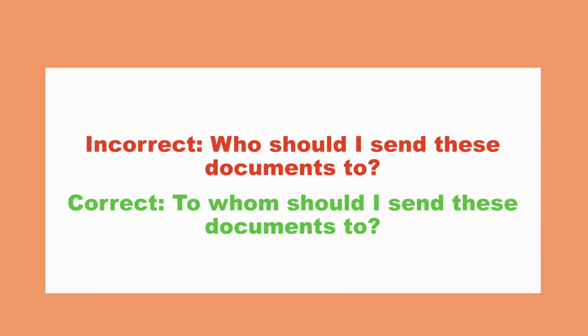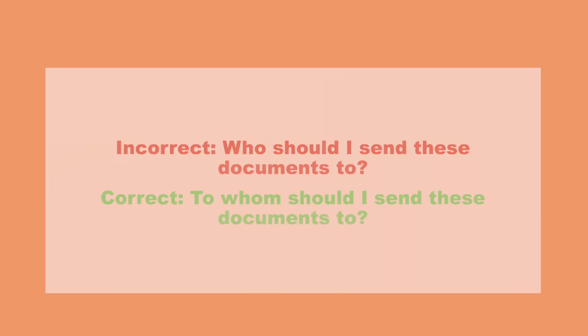In everyday conversation, you might hear, "Who should I send these documents to?" This is commonly accepted, especially in spoken English. However, in formal writing or when following traditional grammar rules, it should be, "To whom should I send these documents?" The whom is the object of the preposition to.